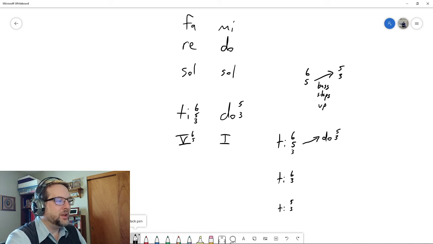Same thing with the 5-3 really. That's also going to go to our Do 5-3, because again it's just a thinner version of the Ti 6-5-3. What goes away would be the sixth above this. We would get rid of the Sol here.